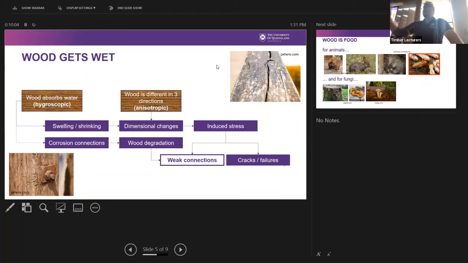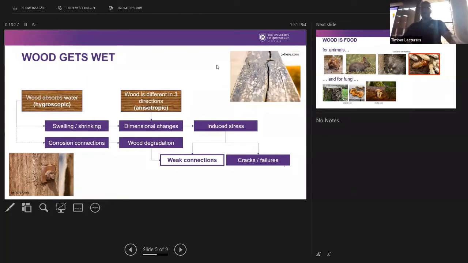In addition to that, as Lisa explained, the anisotropy of timber means that it behaves differently in different directions. This makes the shrinking and swelling different, larger for example in the transversal direction. It will not swell much in the longitudinal direction.